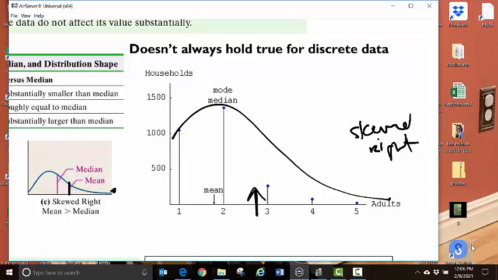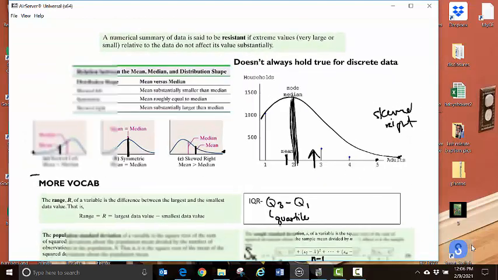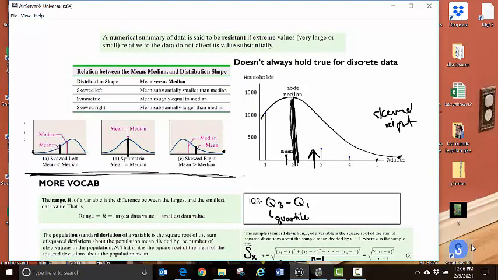But sometimes with discrete data, if you have a lot of values here, even if you just have 1 or 2 outliers, your mean could still end up to the left of the mode and the median. It's just saying occasionally these pictures right here, for certain discrete data, it doesn't hold true. Occasionally, it's not enough of a pull to move up the median.